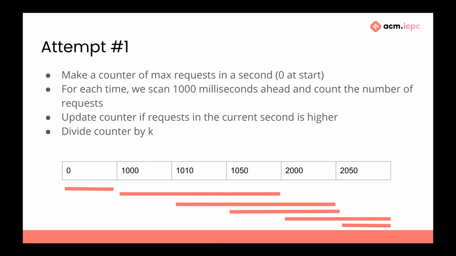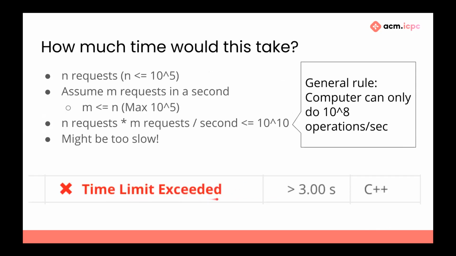And this approach seems like it works, and in theory, it is correct. However, in a contest scenario, you might get this message, which means that your program was a little bit too slow. And so let's see why that would be the case.